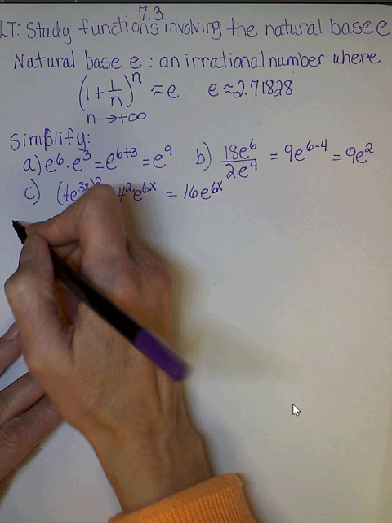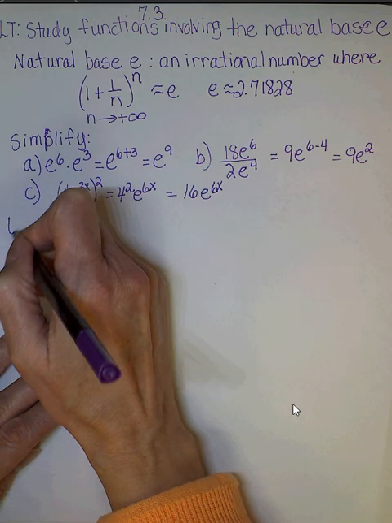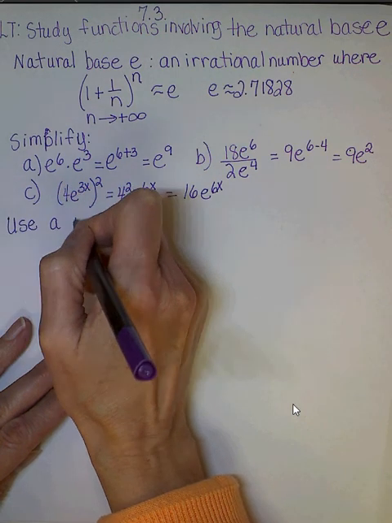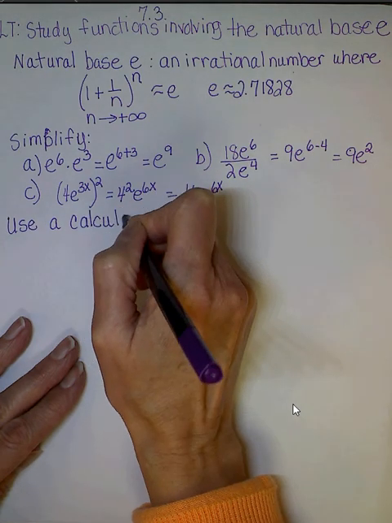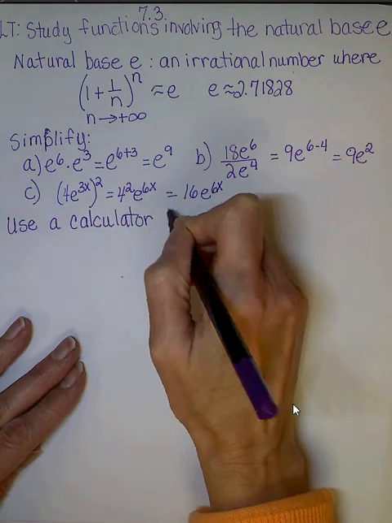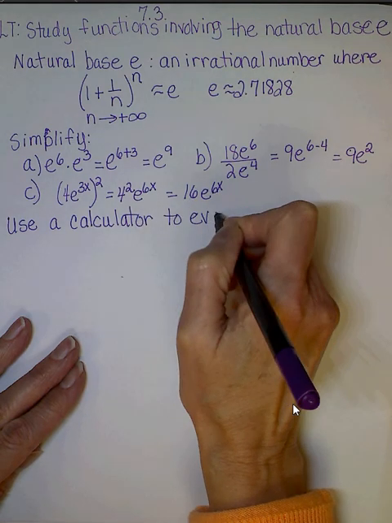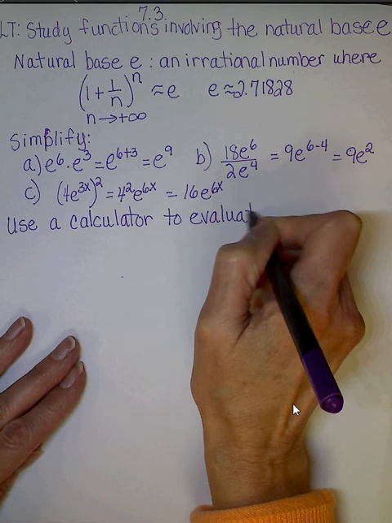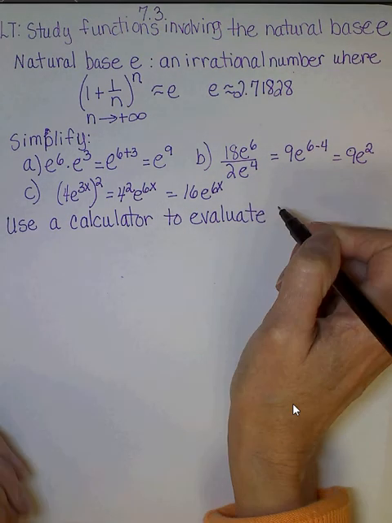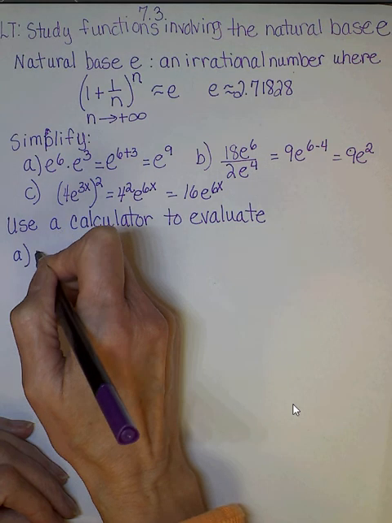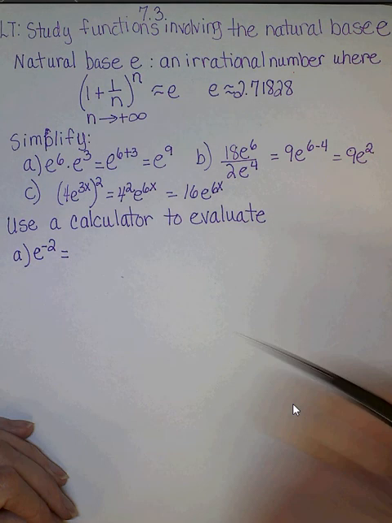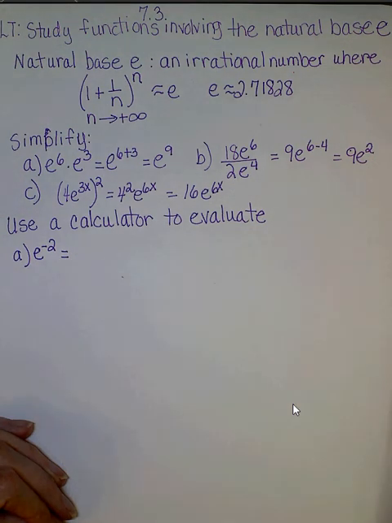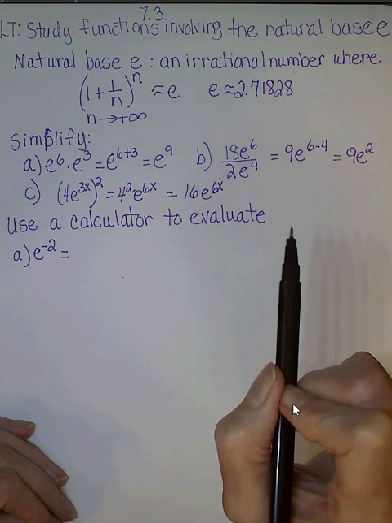Okay, now we're also going to practice using a calculator. So if you have a calculator right now, go ahead and get it out. So e to the negative 2 power, we can just enter in the calculator. Now, on some calculators, you have a button that has a lowercase l and an n.